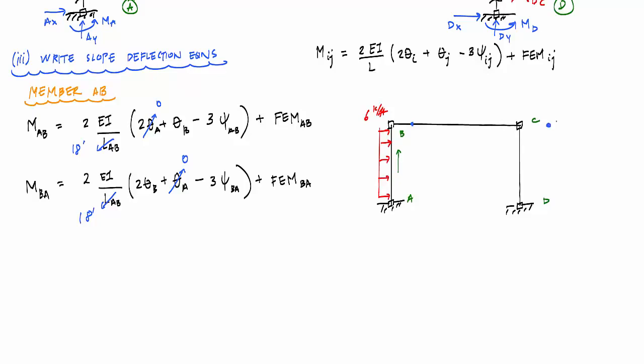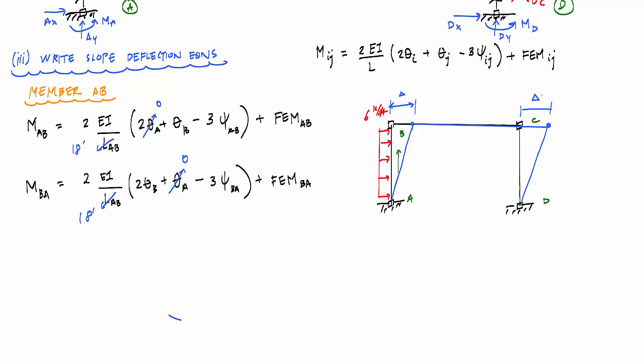If I just connected where my joints are after it deforms, I would have this shape. Again, this is not the displaced shape. It is just the chord rotations that my structure is going to experience. And this distance right here, we're going to call delta. And this delta is the same for joints B and C.